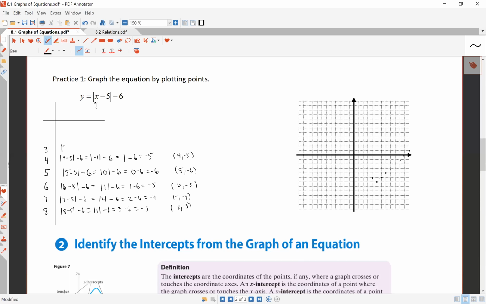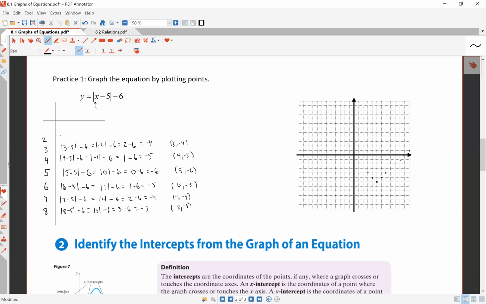And 3 minus 5 is negative 2, the absolute value of negative 2 is 2, minus 6 is negative 4. We see the same thing happen on the left side. It's going to go up 1 and left 1.